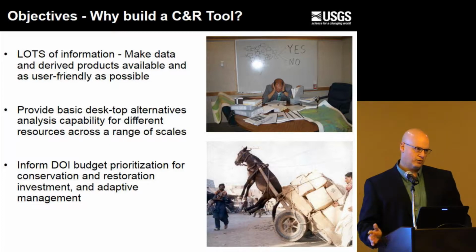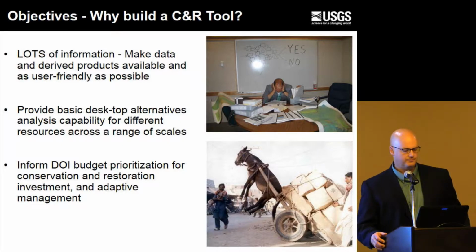We wanted to provide a real basic desktop alternatives analysis capability because, as I think Pete and Dave both said, your best friend's your GIS analyst. Well, unfortunately, not everybody's got one. So if you don't have one, how do you get started taking advantage of some of these really fine products that have been put together recently? This allows people to do that.